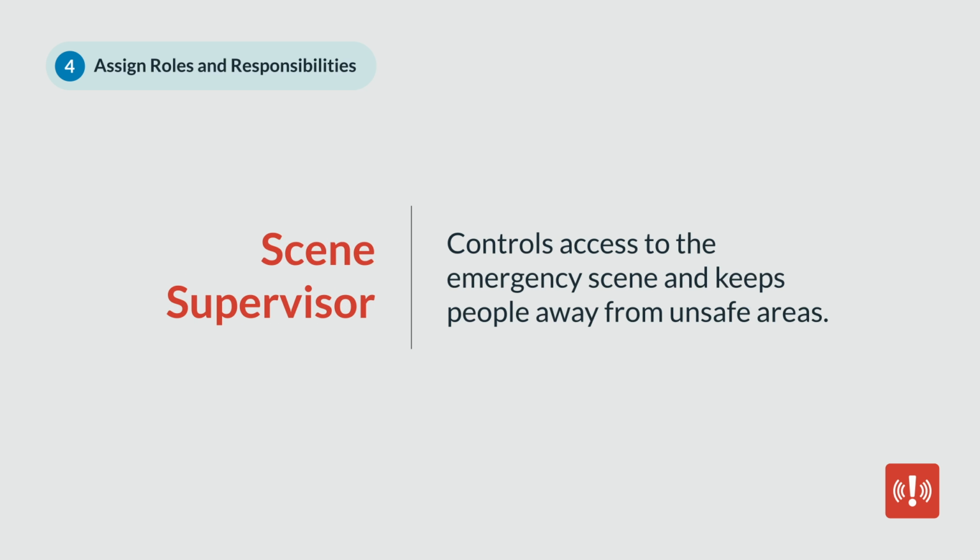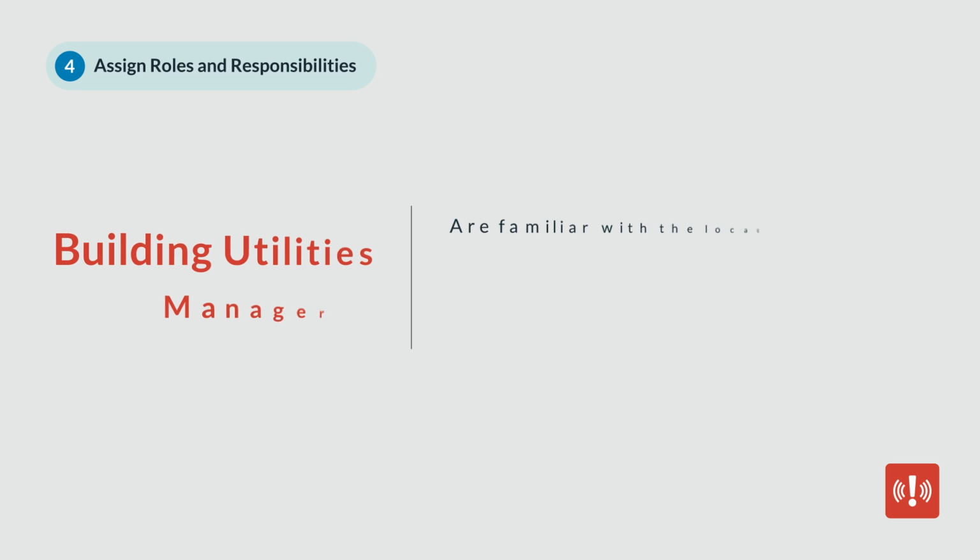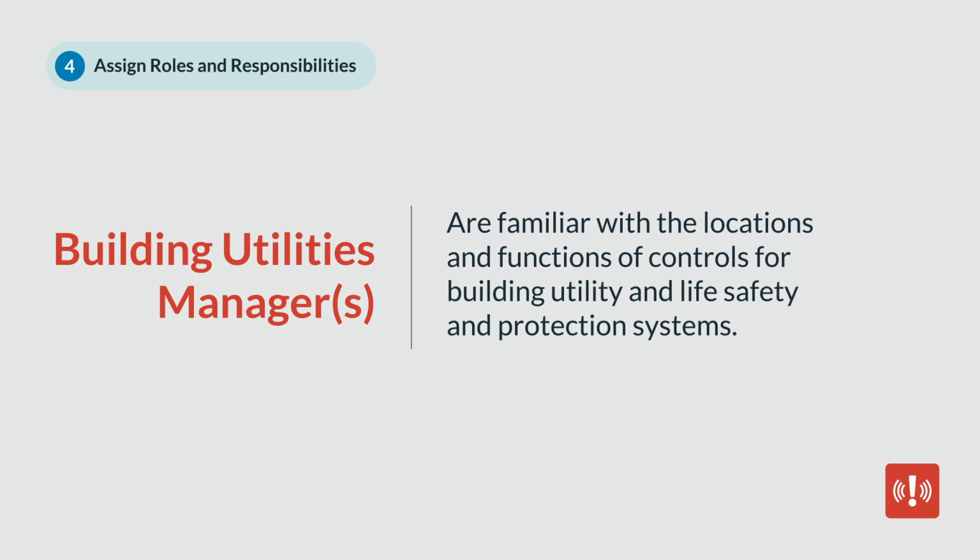This person controls access to the emergency scene and keeps people away from unsafe areas. Building Utilities Managers. These team members need to be familiar with the locations and functions of controls for building utility and life safety and protection systems. These systems include ventilation, electrical shutoffs, water and sanitary systems, emergency power supplies, and alarm systems.